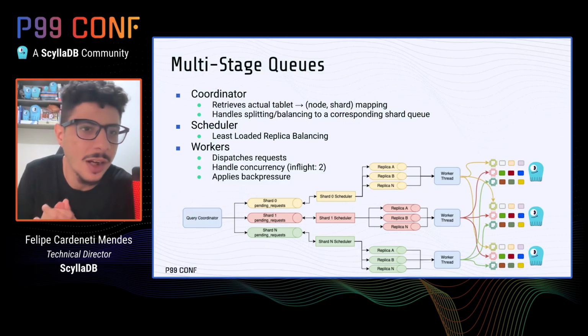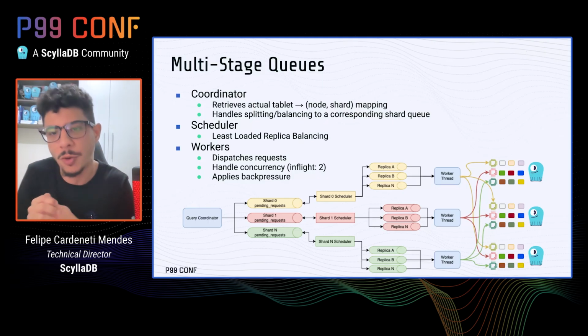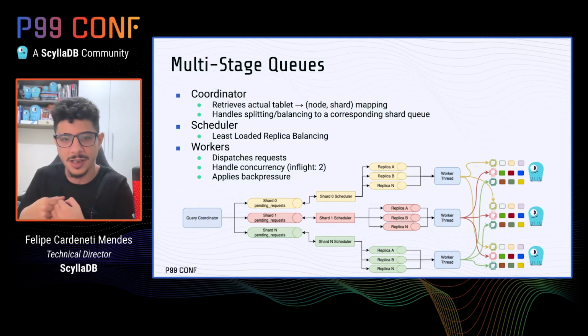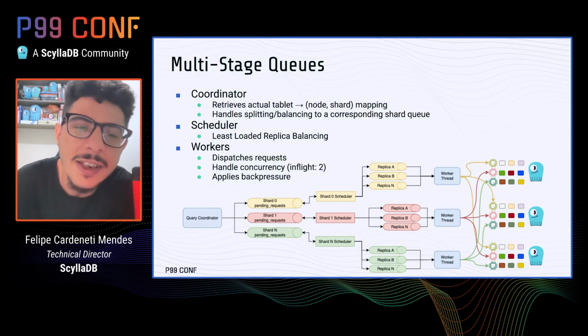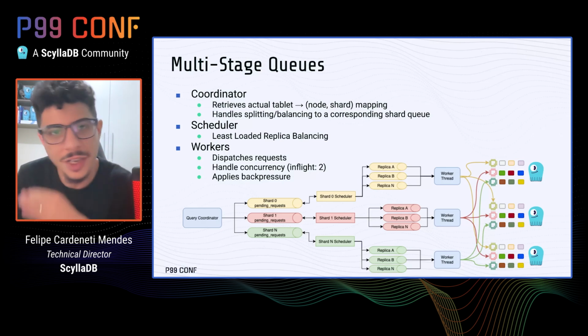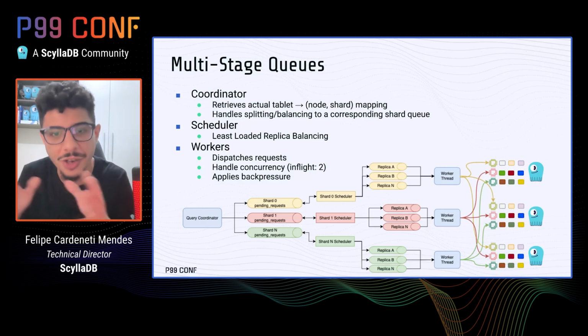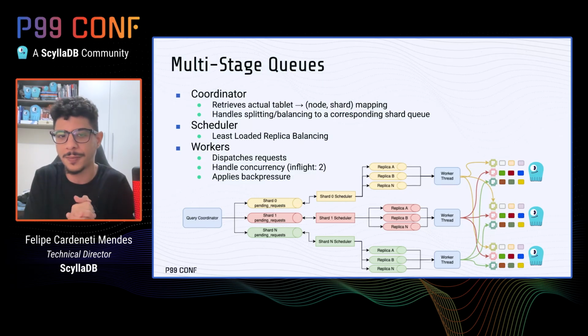The scheduler, which now sits in the middle, retrieves requests from the pending requests queue and dispatches them following a least-loaded replica balancing algorithm, which therefore ensures that all shards are actively processing requests.